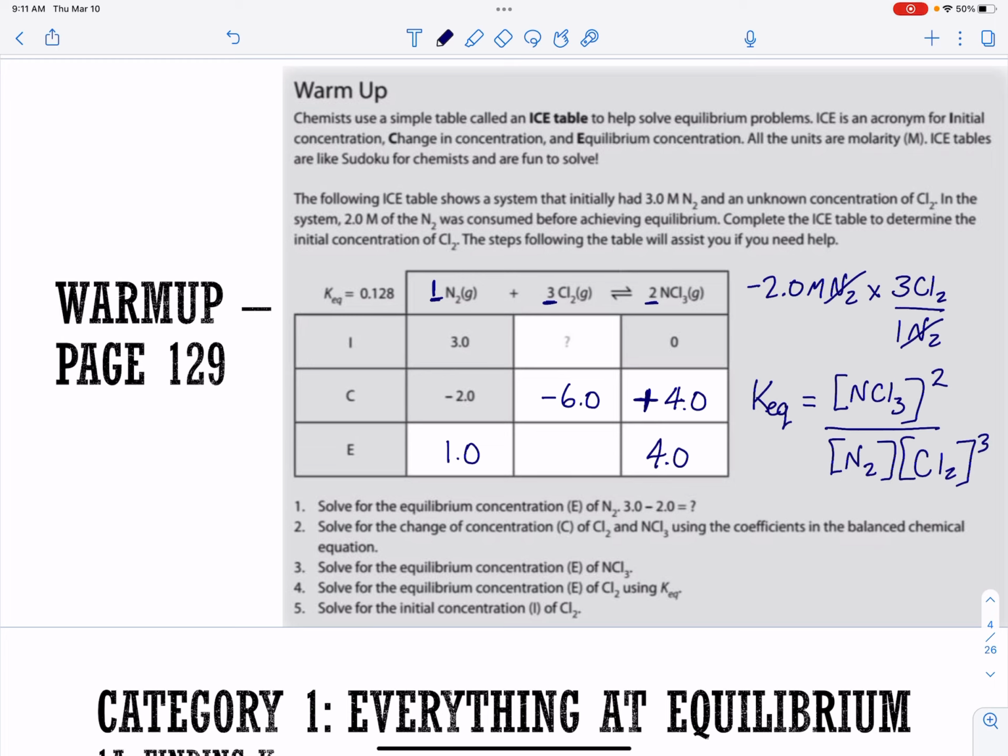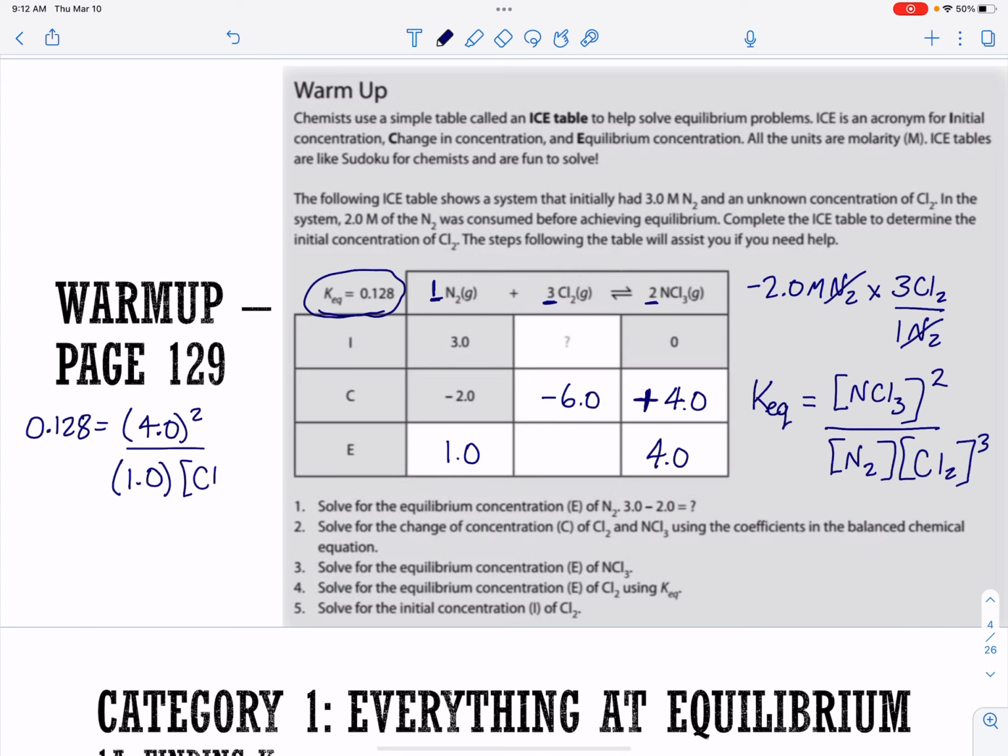And it tells us the KEQ value over here on the chart. So I can substitute everything into that equation. I'm just going to do it over here on the left-hand side of my page. 0.128 is equal to, and we're going to substitute things in from our equation. NCl3, that's the 4.0 squared, divided by N2, that's 1.0, just raised to the first power.